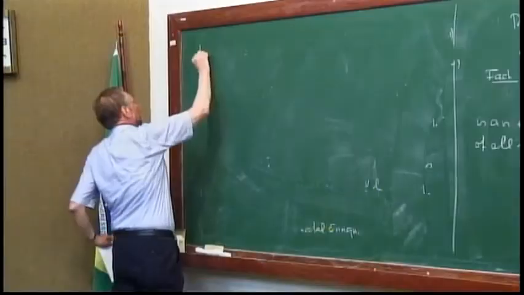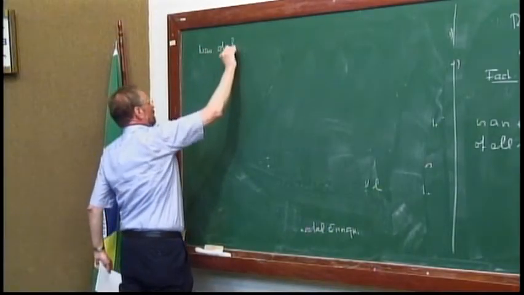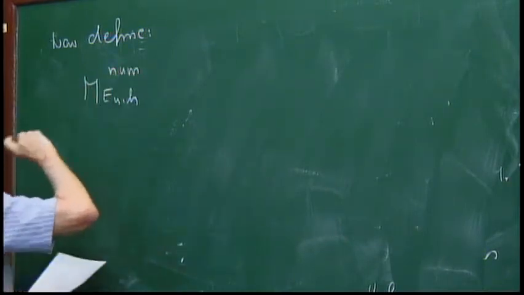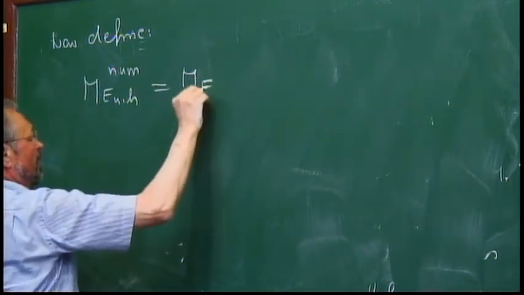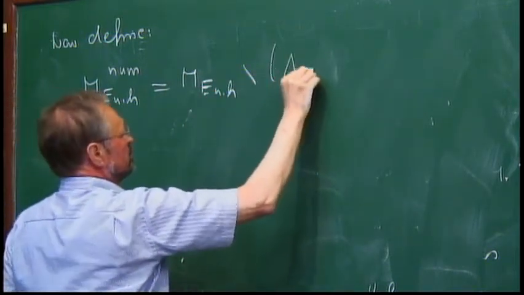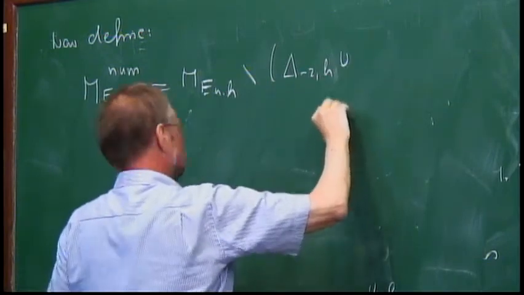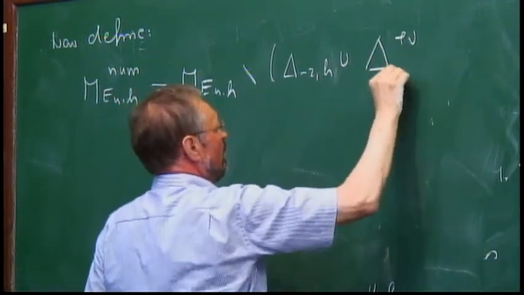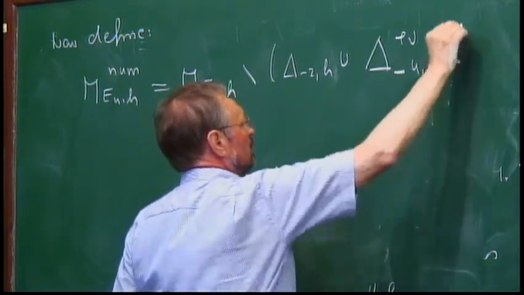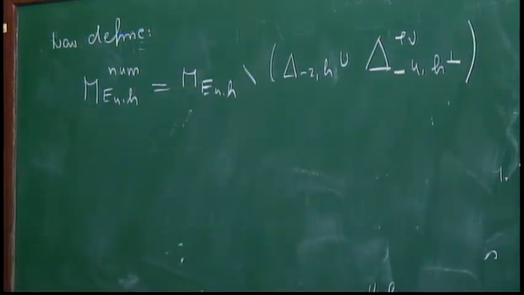So now define, and I'll come to that in a minute, M E N H num, which is M E N H minus 2 divisor minus the even minus 4, where I take out this union of hypersurfaces which I've described.